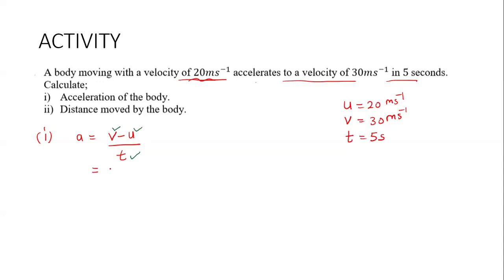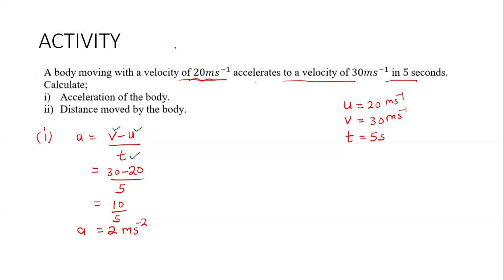So I'll say my V is 30 minus U, which is 20, out of the time, which is 5. Then I say 30 minus 20 gives us a 10 out of 5, which will give us 2 meters per second squared as our acceleration. So that is the first thing.